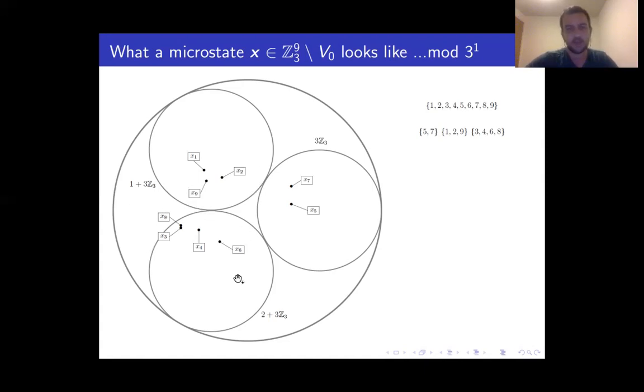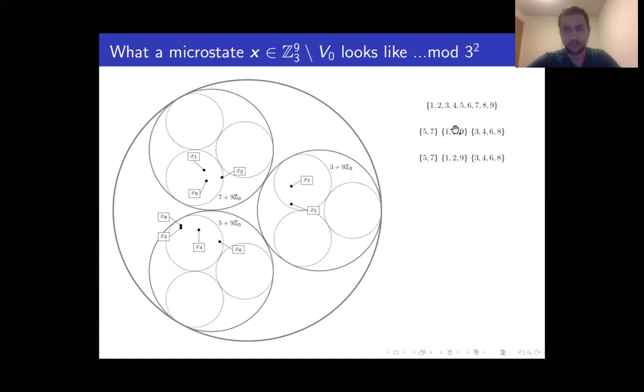The same goes for the rest in their own. If we mod out by 3 squared, or 9, just by chance, by the way I chose this example, notice that even though they find themselves in smaller cosets, they have not become any more distinguished. So 5 and 7 are still together, 1, 2, and 9 are still together, and these other 4 are still together in their own coset of 9Z3.